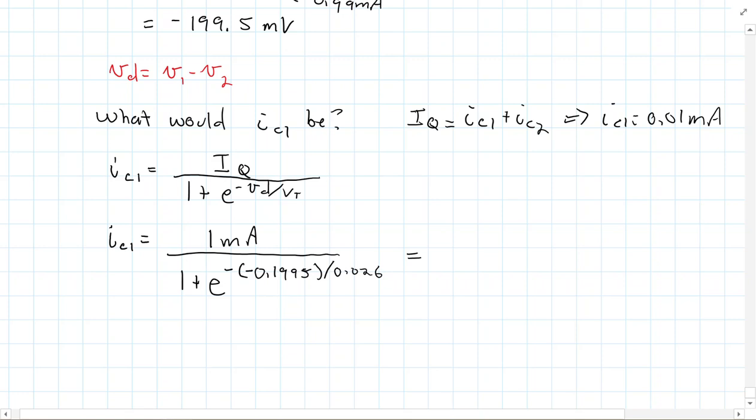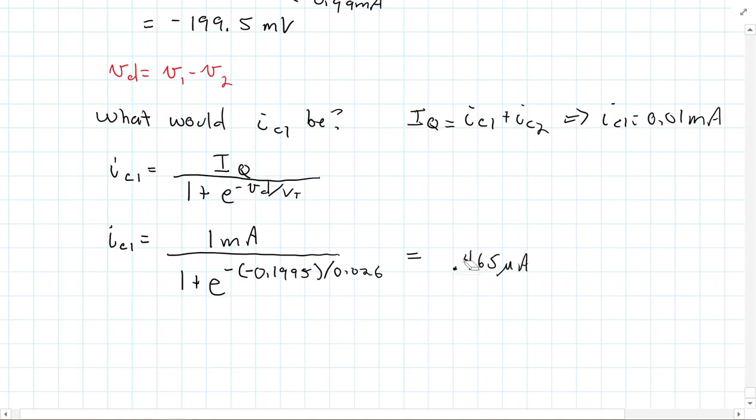And if I do that computation, I get 0.465 microamps.